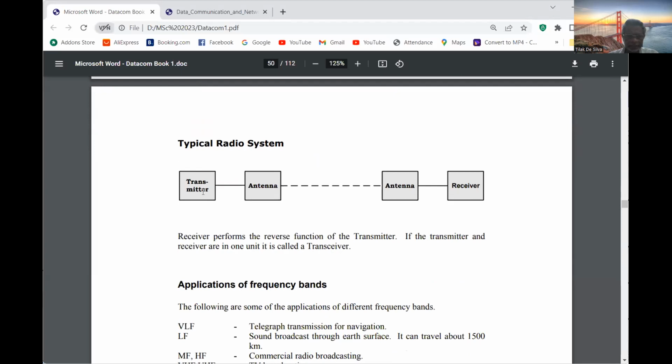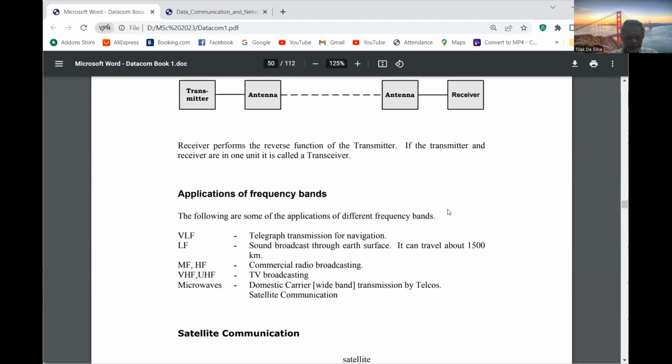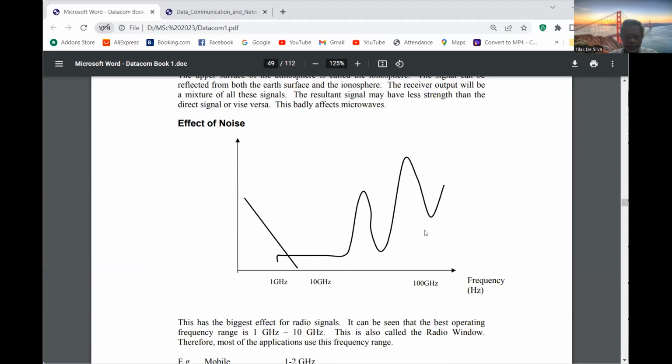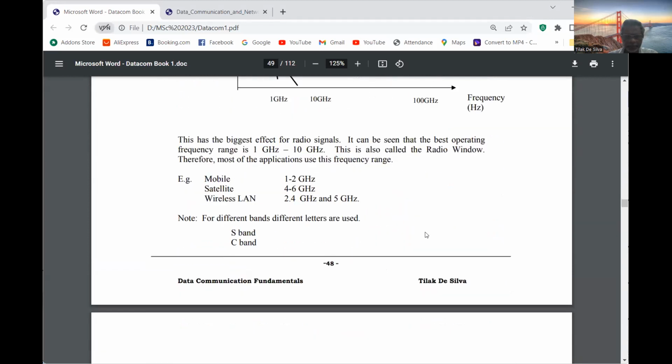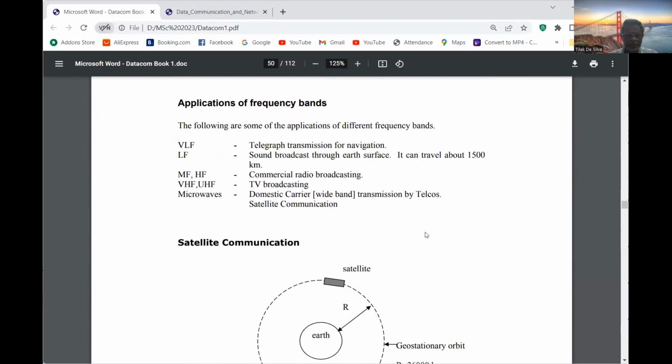In a typical radio system, you have the transmitter, then the antenna, then on the other side the antenna and then the receiver. You have seen the frequency spectrum. This frequency spectrum is divided into some ranges, and we have given names to these ranges. For telegraph transmission or navigation, we use the VLF, very low frequency range. And the sound broadcast to Earth's surface can travel even about 1,500 kilometers.